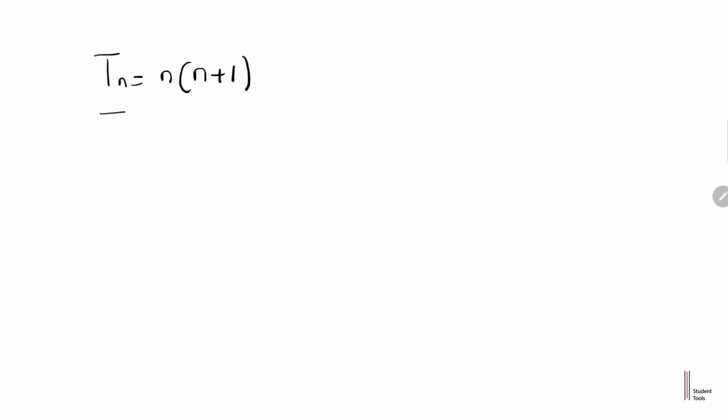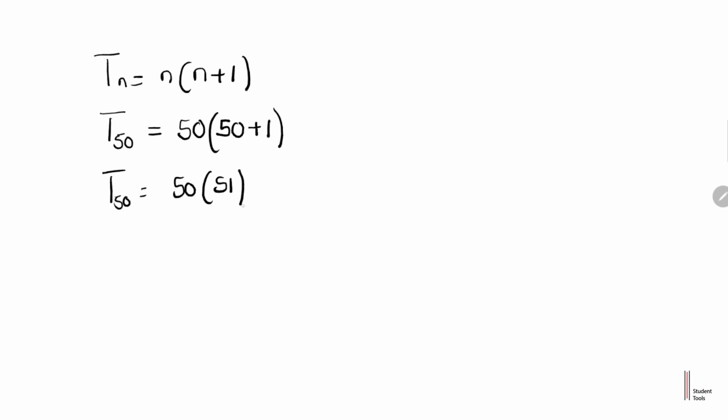So pattern number 50, which is term number 50, we will substitute n with 50 and multiply this by n plus 1. So that means we have 50 plus 1. Close a bracket. Term number 50 will be equal to 50 multiplied by 50 plus 1, that is 51, and then we close the bracket.